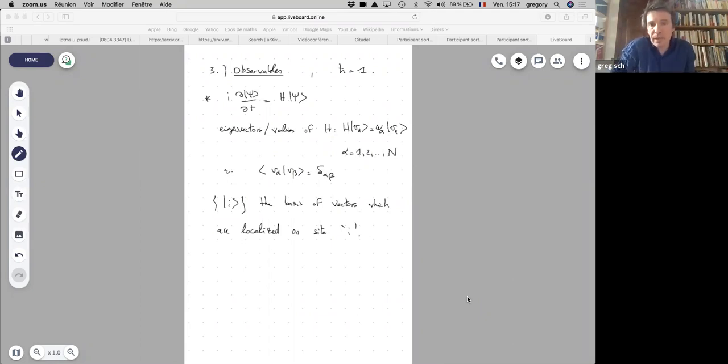So if I have a state which is proportional to I, it is just localized on a single site. That's the equivalent of the delta function, delta of x minus x naught, in the continuum case.